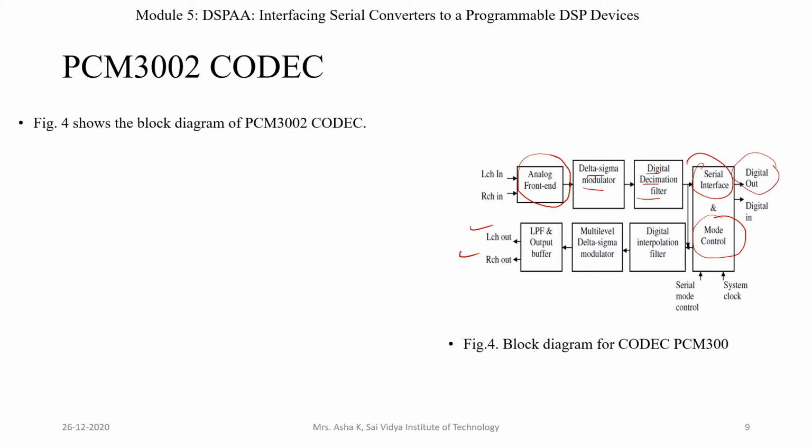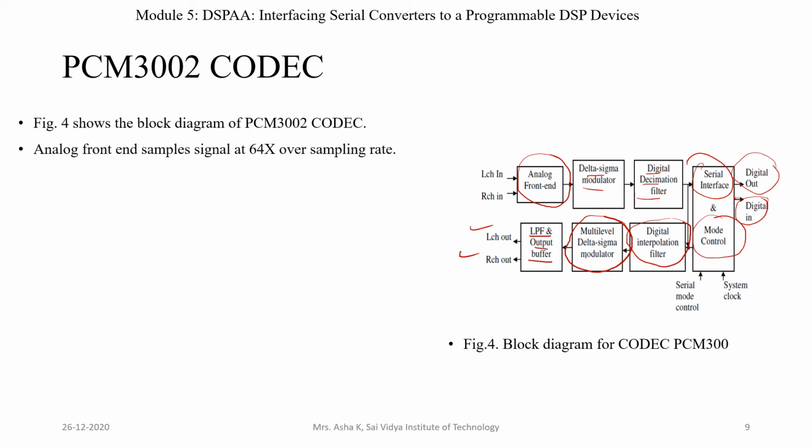Digital output is obtained here, or digital input can be connected here. At the other end we have a digital interpolation filter to increase the sampling frequency, a multi-level delta sigma modulator to perform the modulation, and a low pass filter and output buffer.